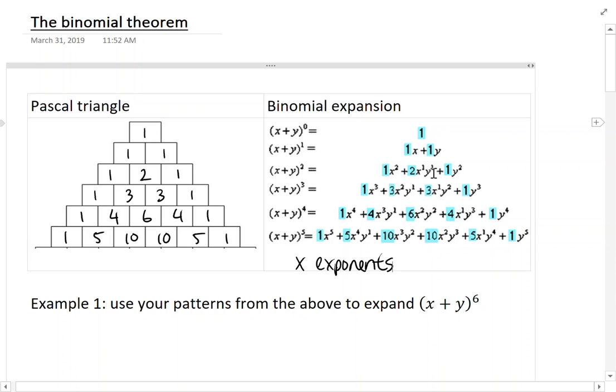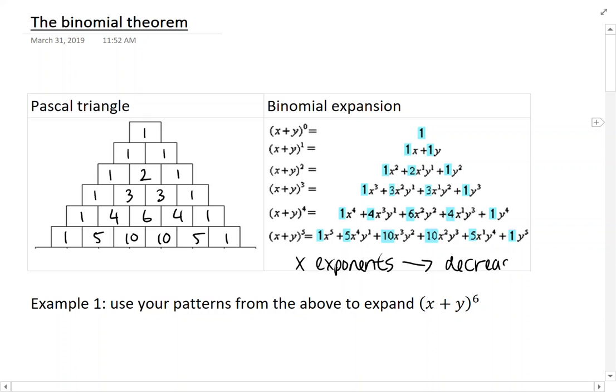So 3, 2, 1, 0, 4, 3, 2, 1, 0, etc. As you go from left to right, it decreases.